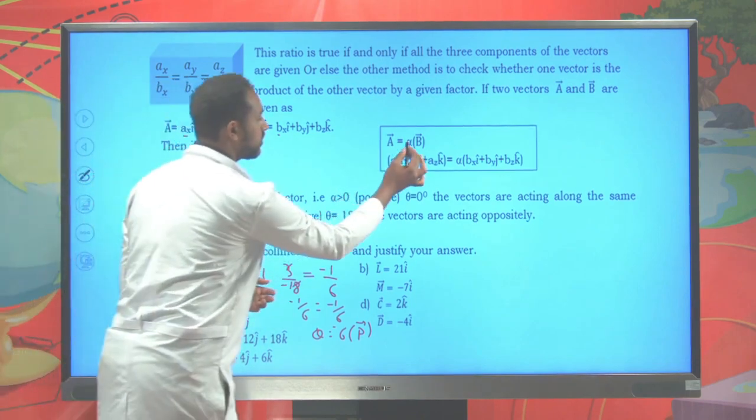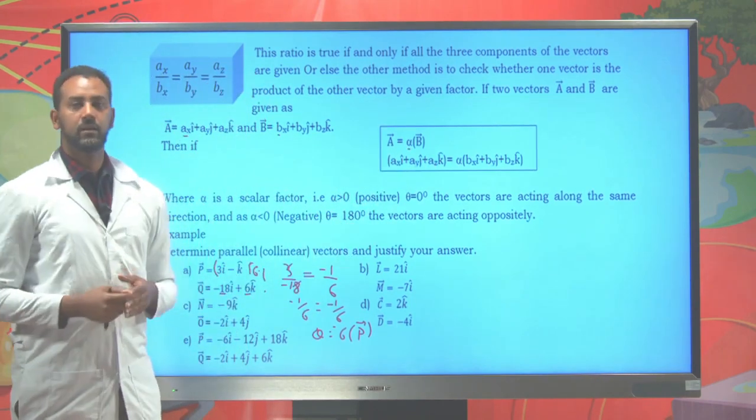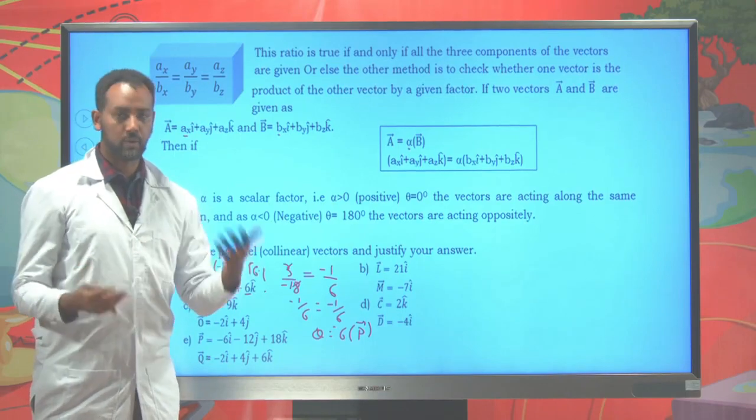It's possible to say that alpha times b shows whether the two vectors are parallel or not.